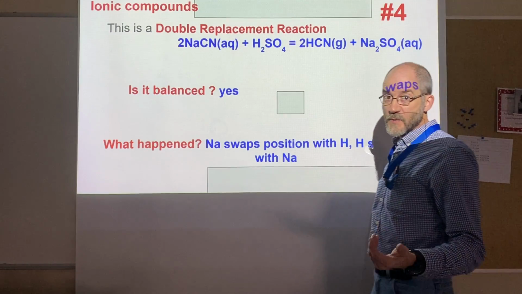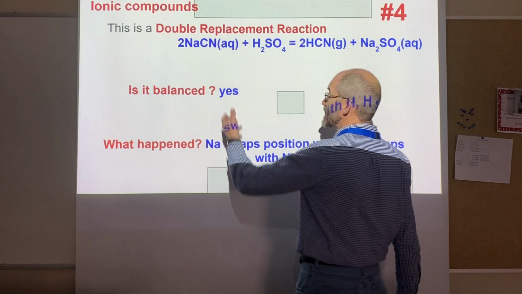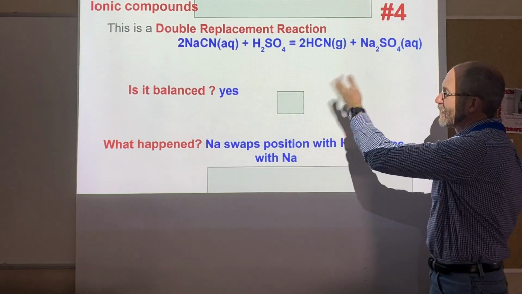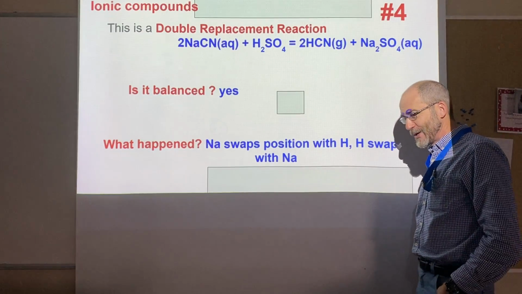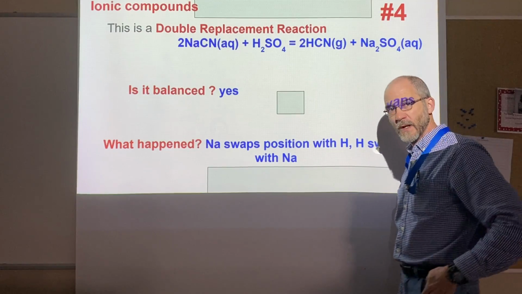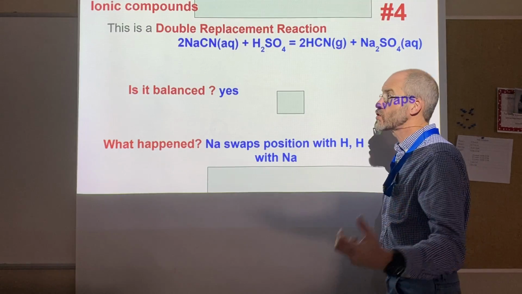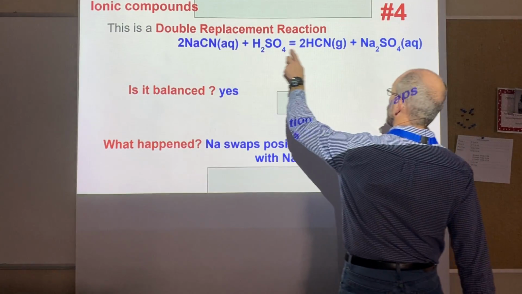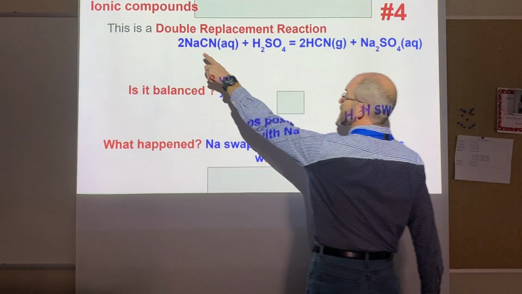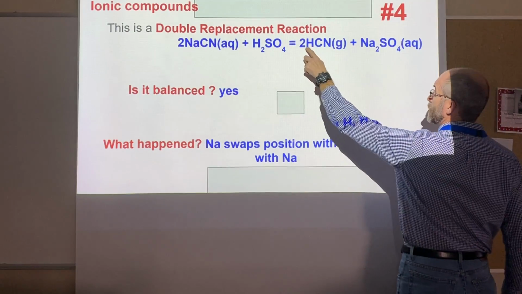In a double replacement, I have to chuckle when I look at this one because we would never do this in class. That's sodium cyanide, which is a poison, and sulfuric acid, which could be a fairly concentrated acid. But it doesn't matter. Let's just look at what happened in the equation. When we look at our reactants and our products, we can see that sodium and hydrogen have swapped places.